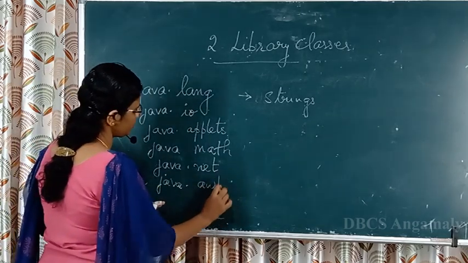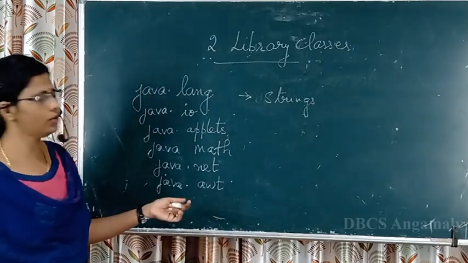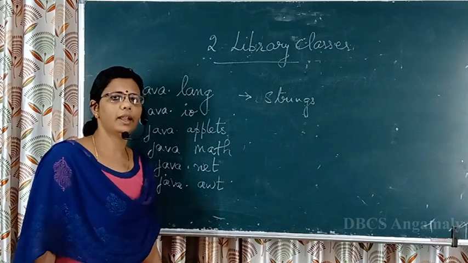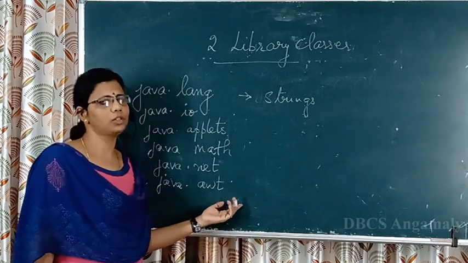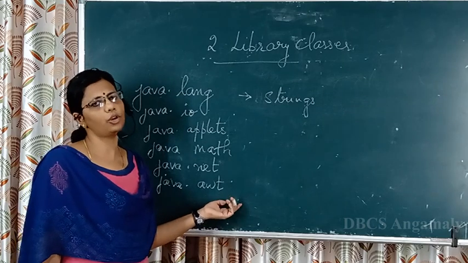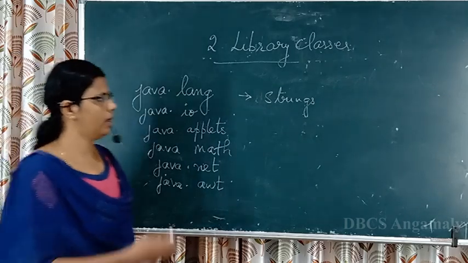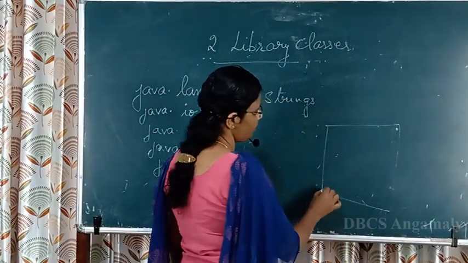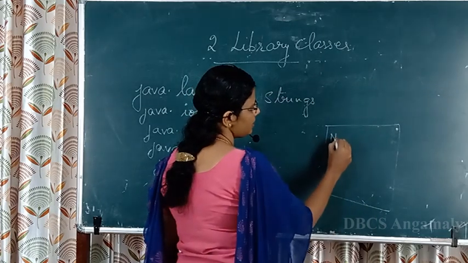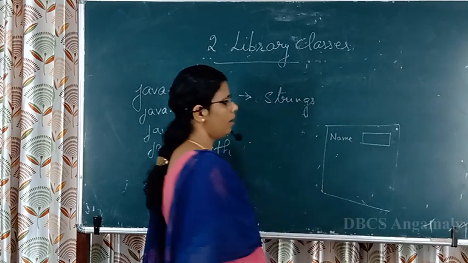Then you have AWT, Abstract Window Toolkit. In the Abstract Window Toolkit, you will make use of some classes which help you design your web page. For example, in a web page you will have many boxes. Suppose there is something like name and a box there.